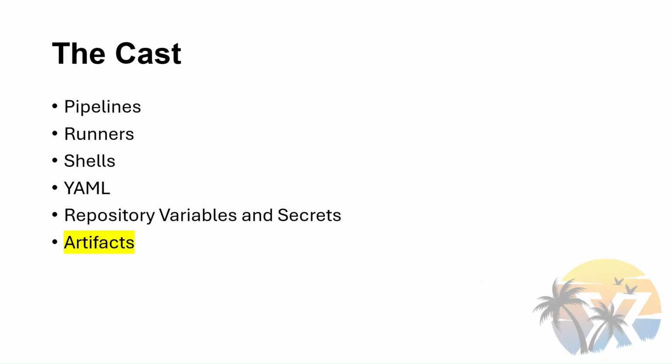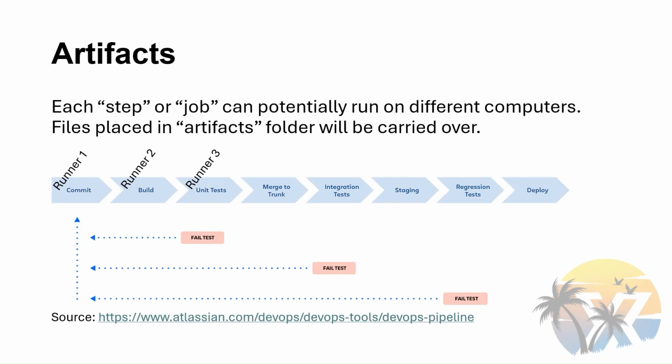Last one, artifacts. Each step or job within a pipeline can potentially run on different computers. It's very important to remember that. So if the first step gets run on runner 1, and then the second step gets run on runner 2, runner 2 isn't going to have the files on runner 1.